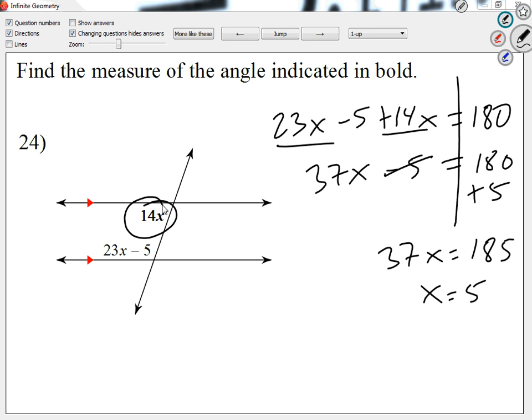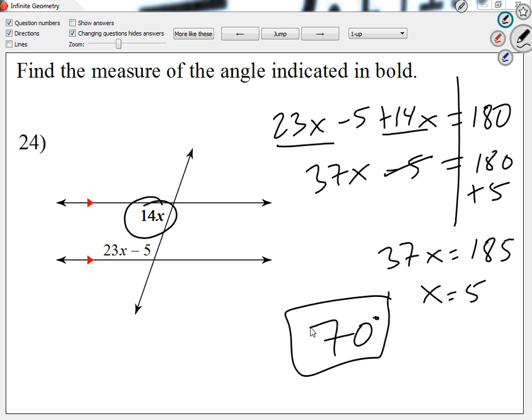How much is 14 times x? 70. If you plug it into the other one, you're going to get 110, which will be different. So for same side interior, it matters which one you plug it into. For the others, they're the same anyway, so who cares?